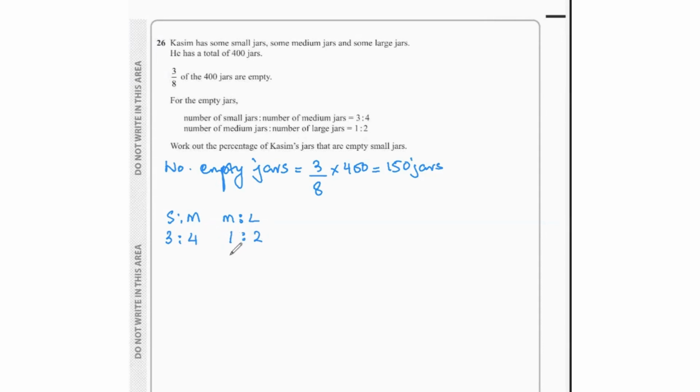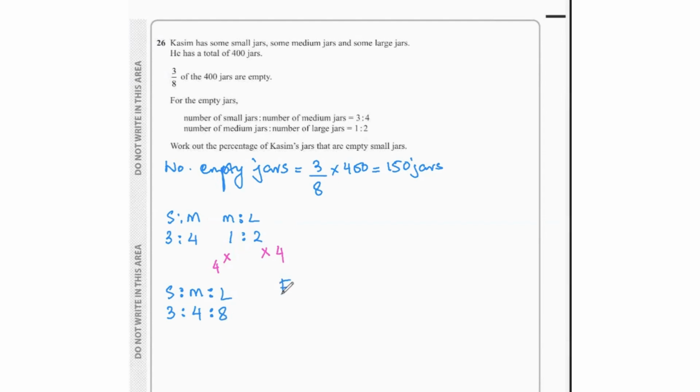That means we need to turn this into 4. If we multiply this by 4, we need to multiply this by 4 as well. So that makes our small to medium to large ratio 3:4:8. That's our ratio.